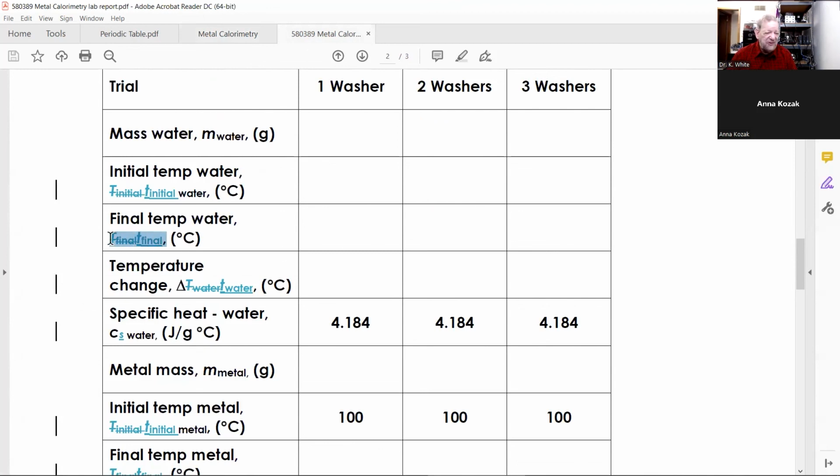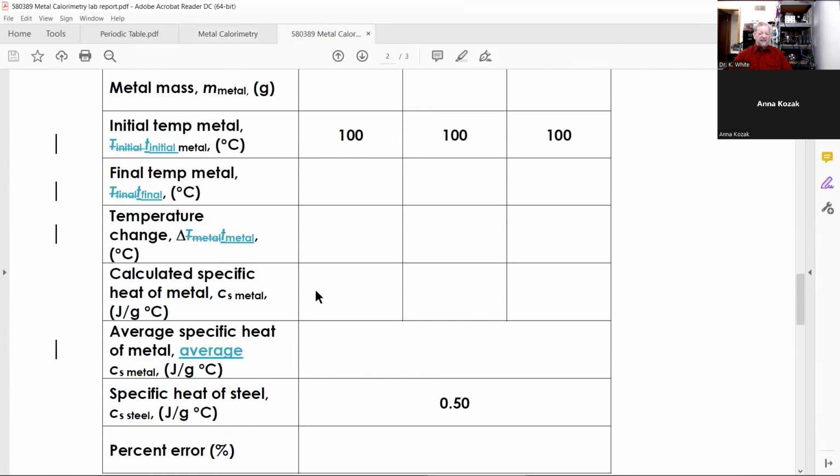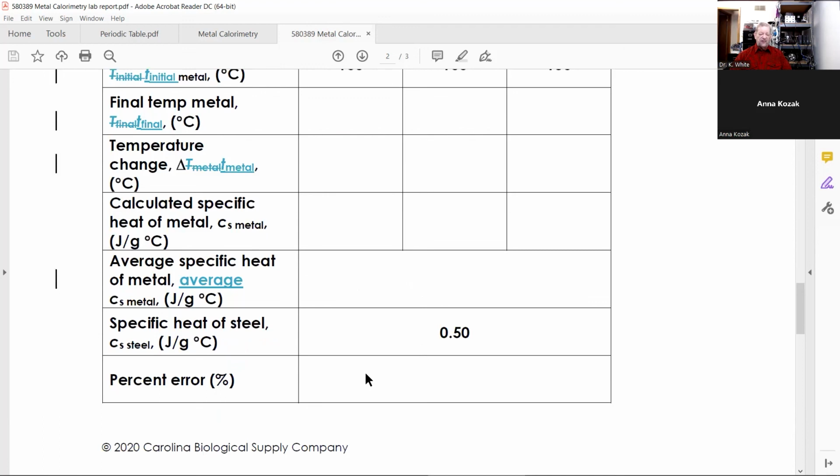Why they made a mistake right here and here, I don't know why they have it crossed off or whatever, but I've just gone through all the numbers you have in here. I've shown you how to calculate the specific heat of each metal. I've shown you how the average is these three numbers, add and divide by 3. And I've shown you how to do the percent error.